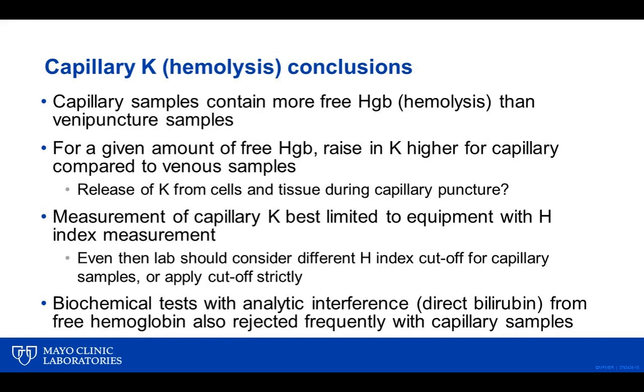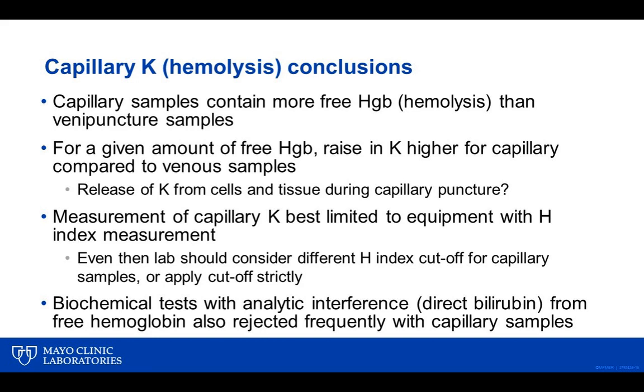So, regarding potassium in biochemical analysis, capillary samples contain more free hemoglobin than venipuncture samples because we're breaking more cells to get that blood. For a given amount of free hemoglobin in the sample, the potassium goes up more in capillary blood compared to a venous sample. And so we choose not to report potassium in capillary blood gas, or when we know that a sample was collected by capillary puncture.